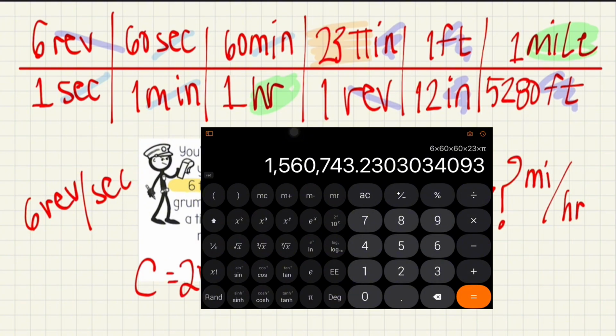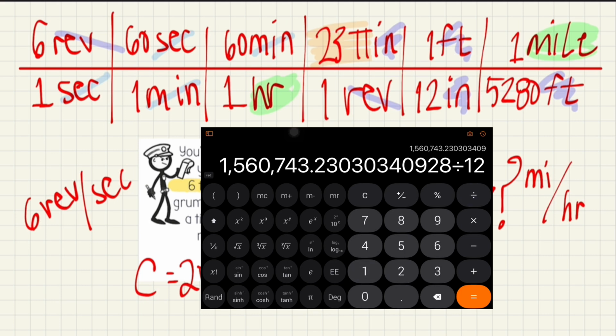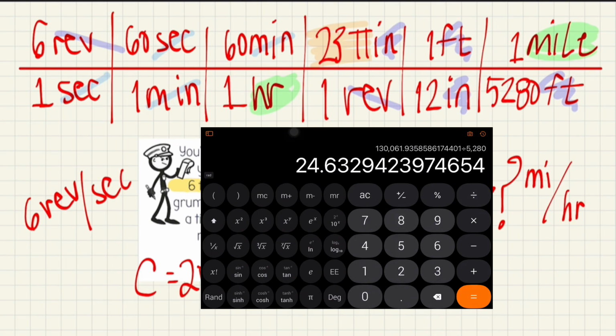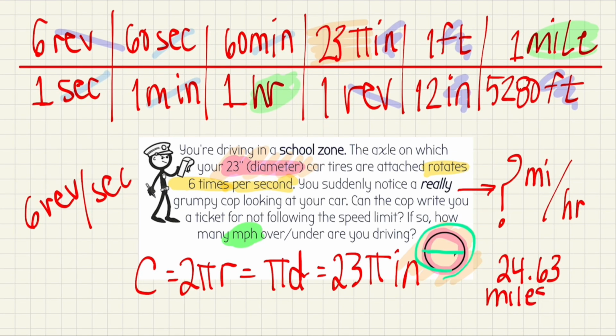Okay, that's my numerator, divided by, and I'm going to divide by each piece of my denominator one by one. So the first thing I'm dividing by is 12, enter, and then divided by 5,280, enter, and that is 24.63 miles per hour. That's the speed you're traveling at.